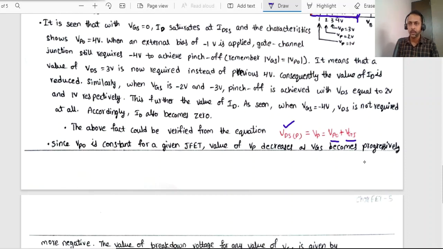Very important. VP naught indicates what? From our previous discussion, the pinch off voltage.